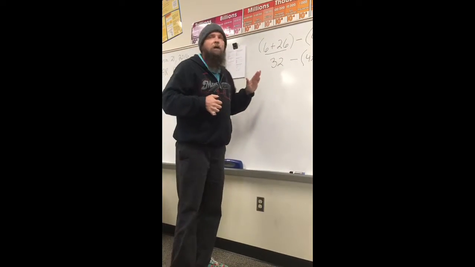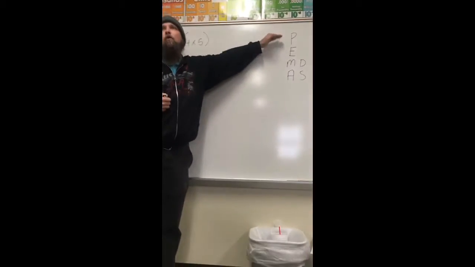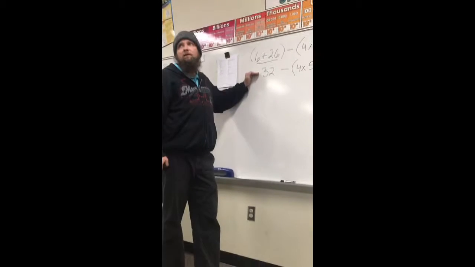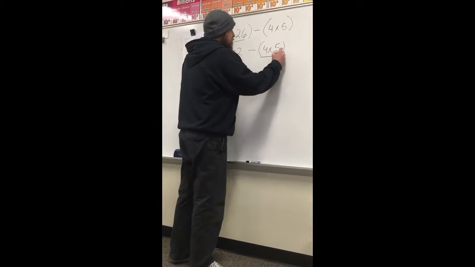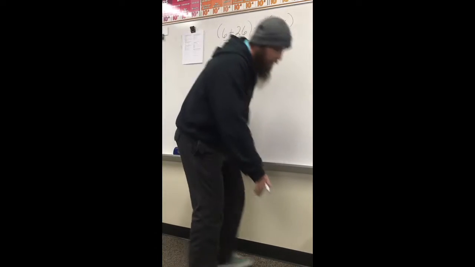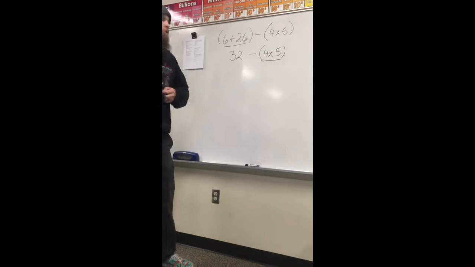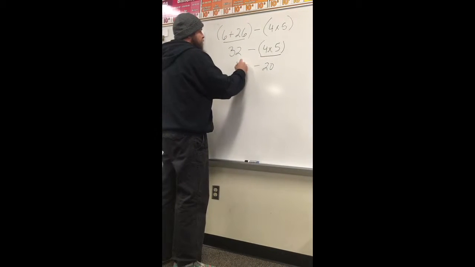All right, Christopher, we go back to the beginning of our order of operations. Does this have parentheses? Yes, it does. Good. So this part of it, the parentheses there. Christopher, what is 4 times 5? 20. We write down everything we haven't used.